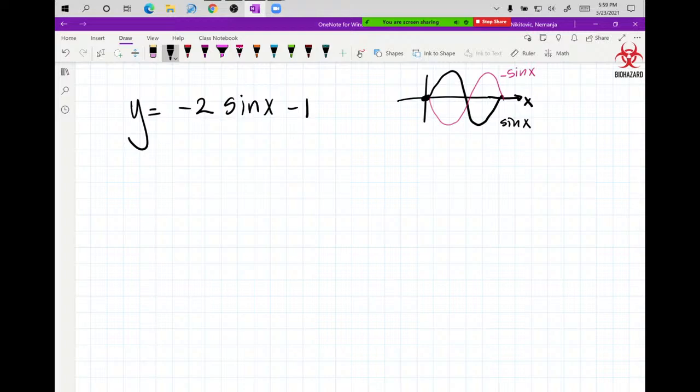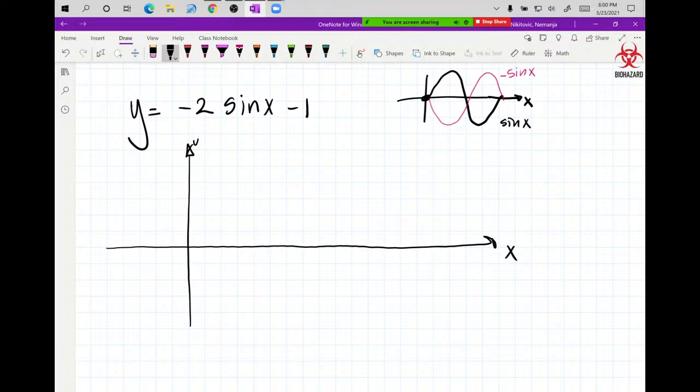So we don't have to worry too much about that. So we have our x-axis, we have our y-axis, and I need my -1 midline, because everything is dropping down to the midline level. So this is my midline.